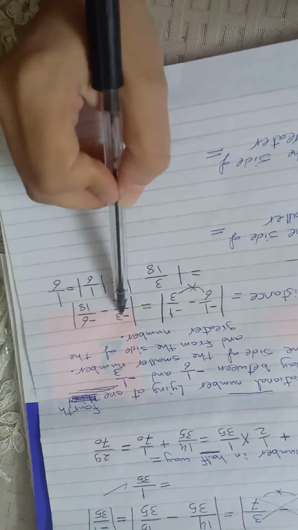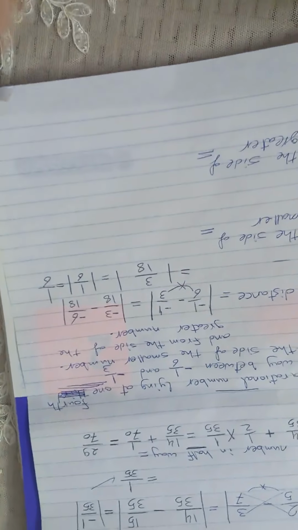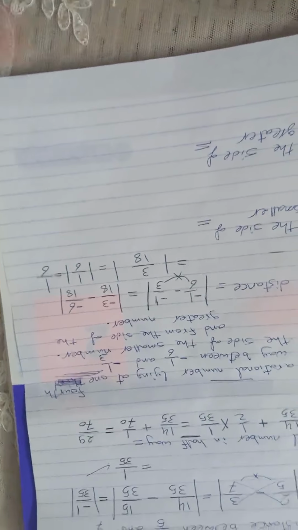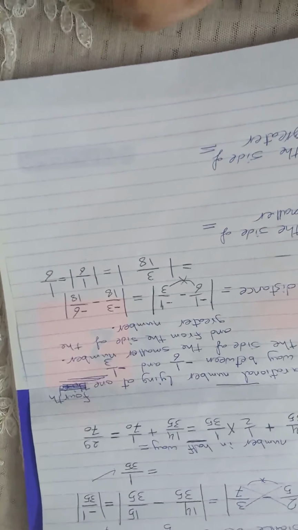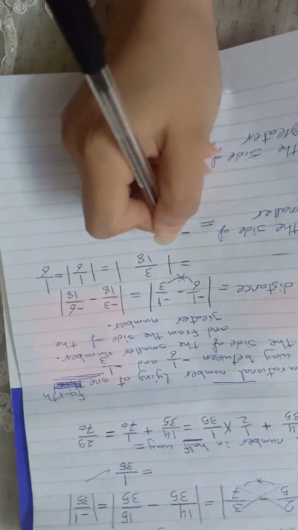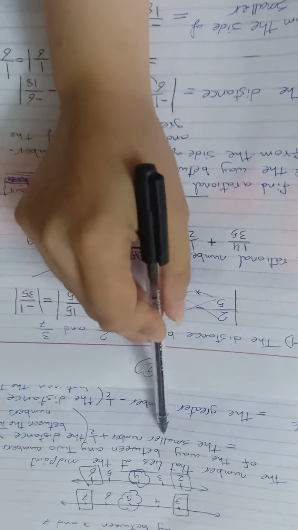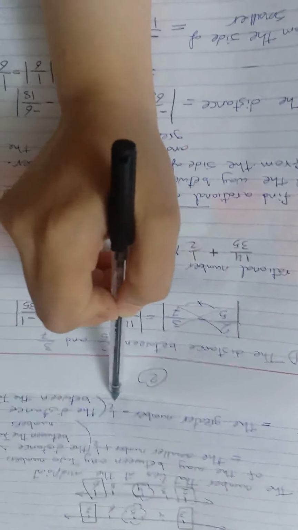So -3 is greater than -6 because it's nearest to 0 and the positive numbers. So it's greater than -6. From the smaller, start from -6 over 18. This is the smaller. Plus or minus? We said in the rule, smaller plus, greater minus.